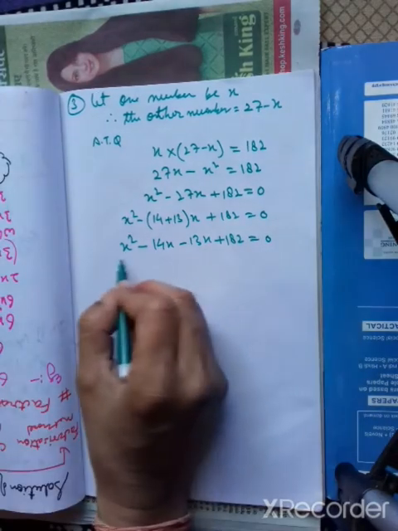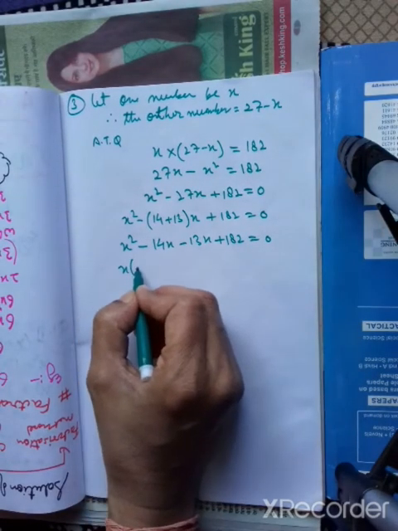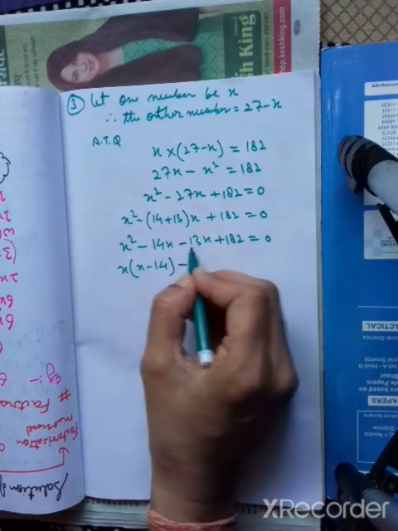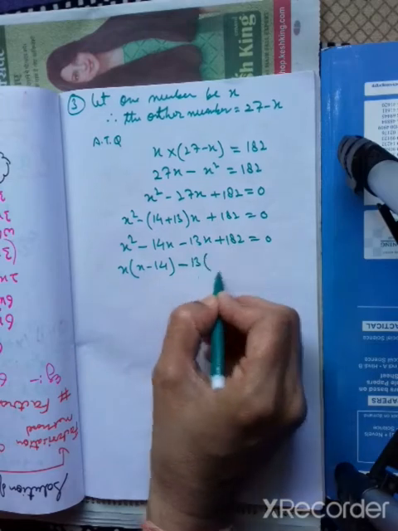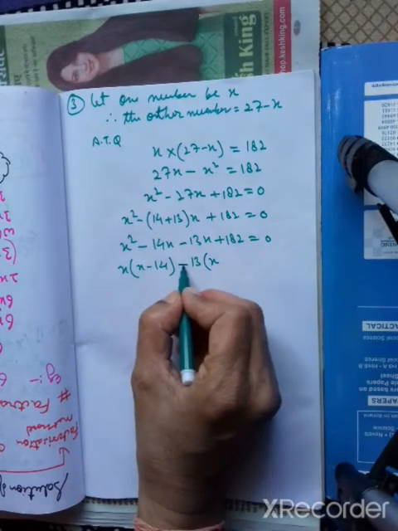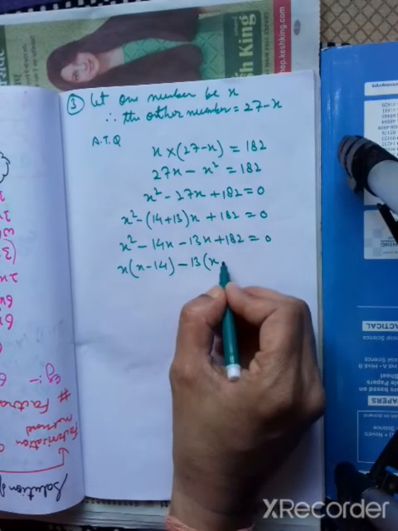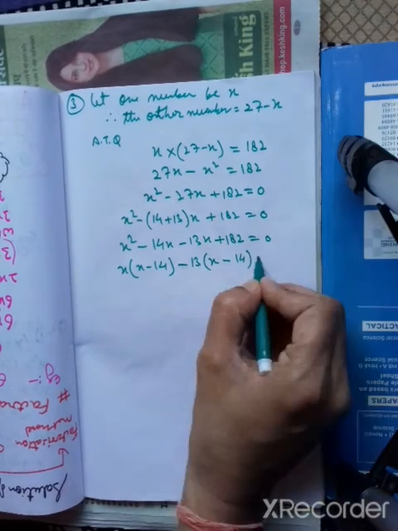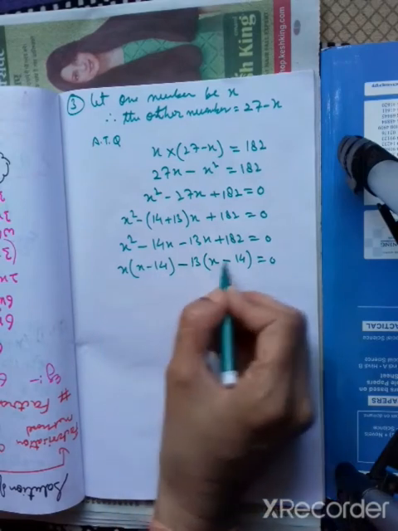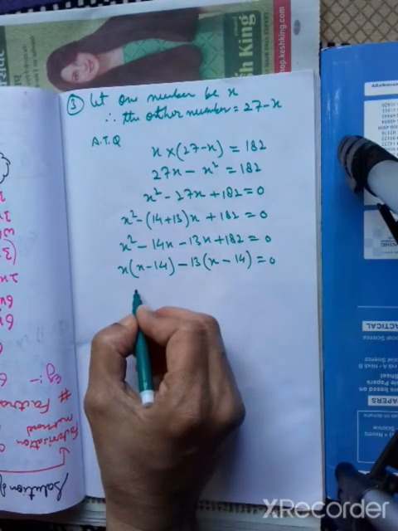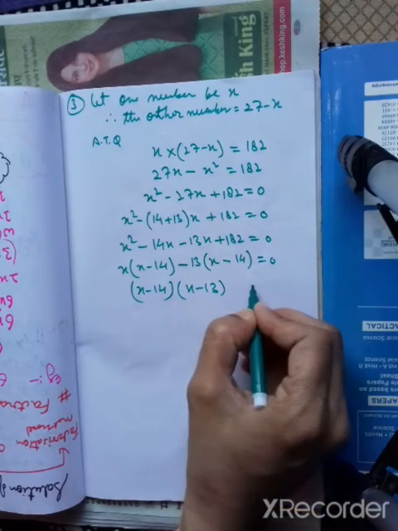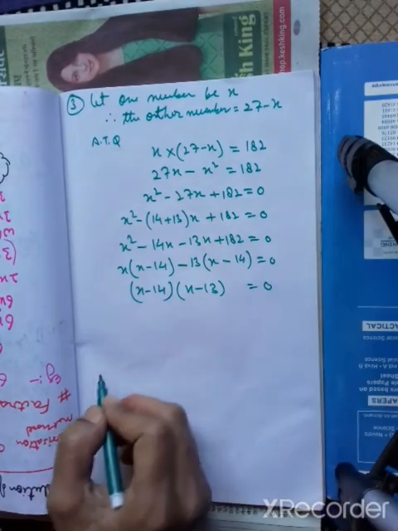Taking common from first two, that is x common, x minus 14, then this minus sign, then you will take 13 common from here. Whenever minus sign is here, it means you have to change this sign. So it will be minus 13 into x minus 14 equals to 0. So you see x minus 14, x minus 14. Take x minus 14 common. So what is remaining? x minus 13 equals to 0, right?